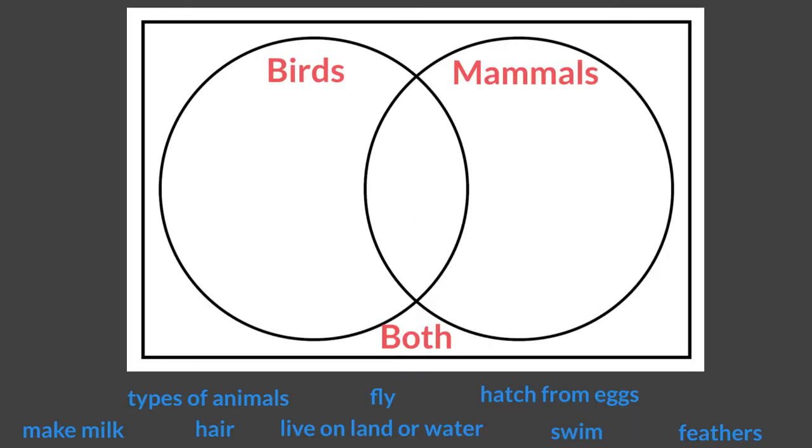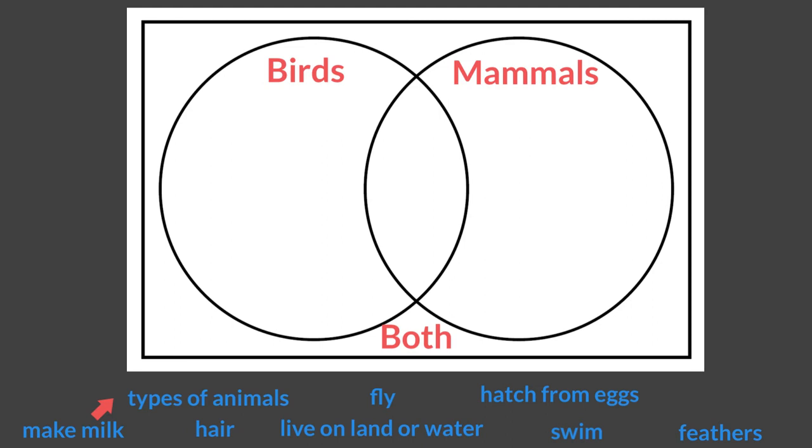Now let's take a look at our Venn diagram to compare and contrast birds and mammals. We're going to look at some details from our story and decide if they mean birds, mammals, or both. Let's take a look at those details.